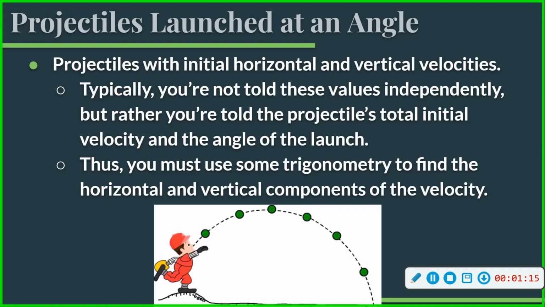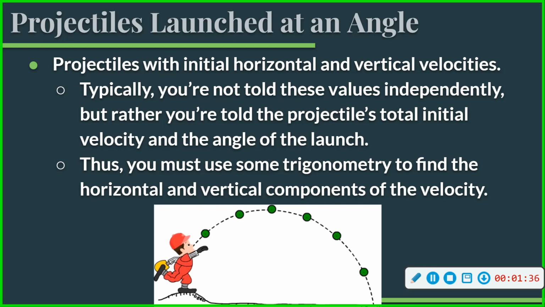All right, so if we launch a projectile at an angle, that means that it has both horizontal and vertical velocities initially. So typically you're not told these values independently, rather you're told the projectile's total initial velocity and the angle of launch. Okay.